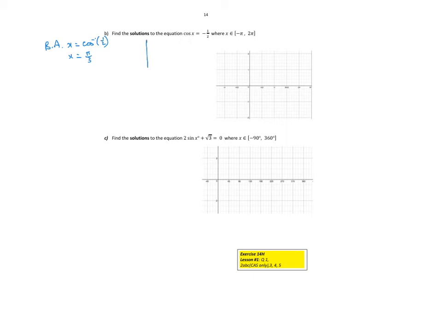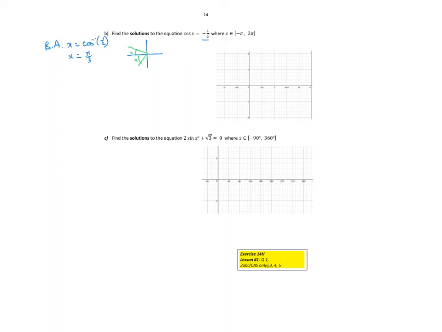I'm then going to look at my crosshairs and ask which quadrants I need where it's equal to negative 1/2. So where is cosine negative? Cosine is negative there and there, in those 2 quadrants where the x value is negative. So there's my angle there.